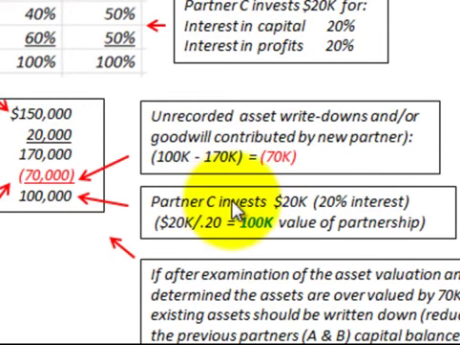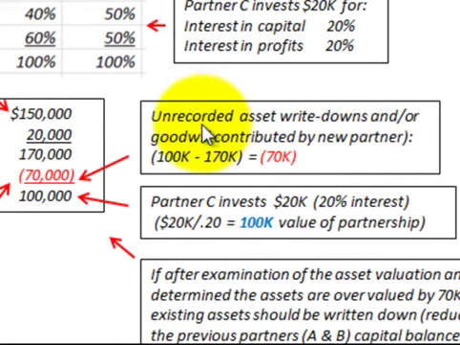So let's first look at how we calculated the total implied fair value. Partner C invested $20,000 for a 20% interest. So doing our arithmetic, $20,000 divided by 20% gives us $100,000 for the fair value of this partnership. So the $70,000 could be one of two things. It could be an unrecorded asset write-down, or it could be goodwill contributed by the new partner.